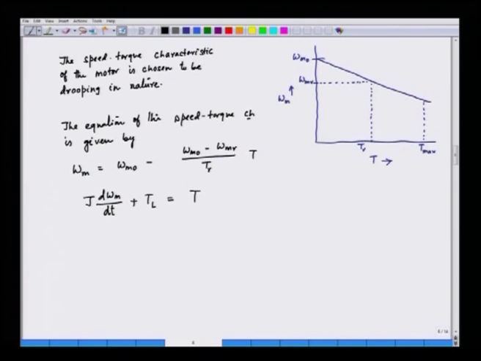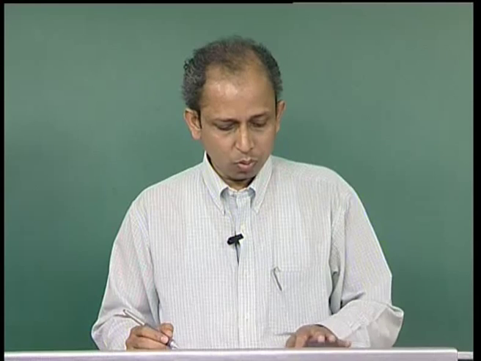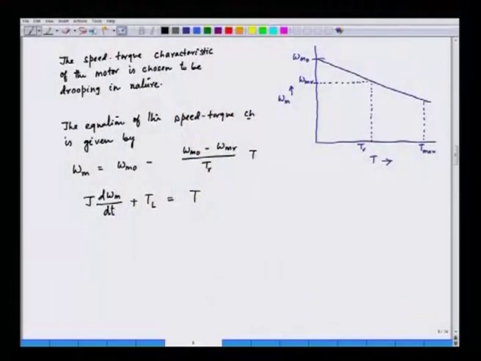So, the motor has to support the inertial torque, which is basically the acceleration or deceleration torque, plus the load torque. Now, we know what omega m is. Omega m is given by this expression.